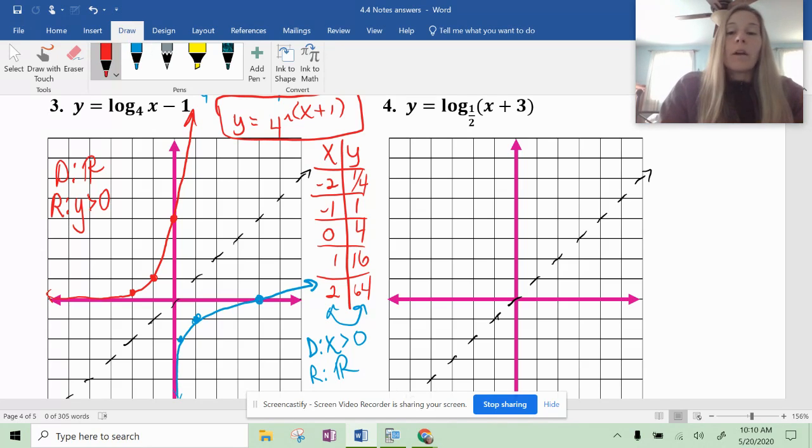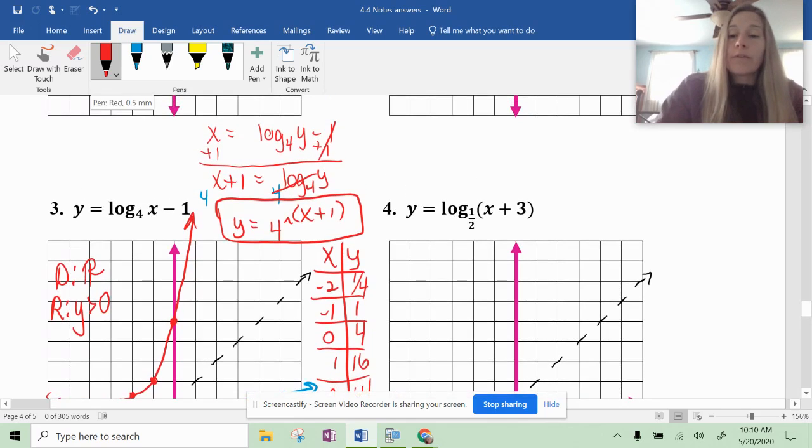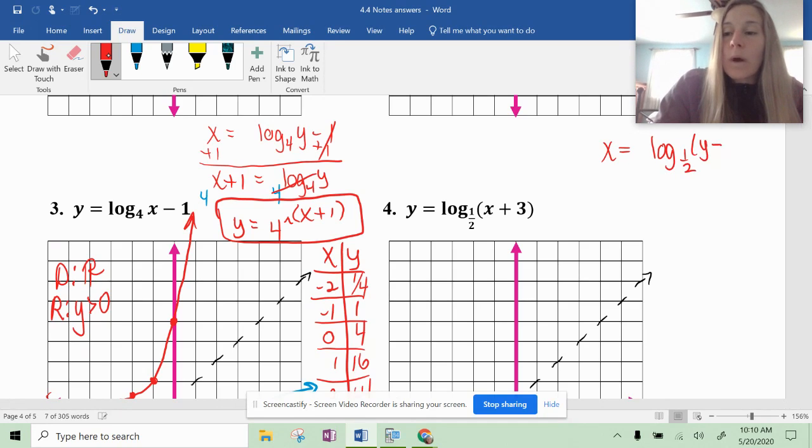Okay, and then finally our fourth graph, we're going to find the inverse first. So x equals log base 1/2 of y plus 3. Now this one's a little different because the y plus 3 is in the parentheses, whereas the last time the 1 was kind of hanging out on the end, so we got rid of the 1 first.